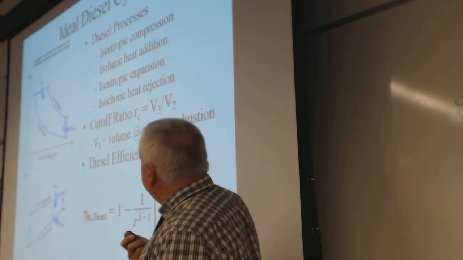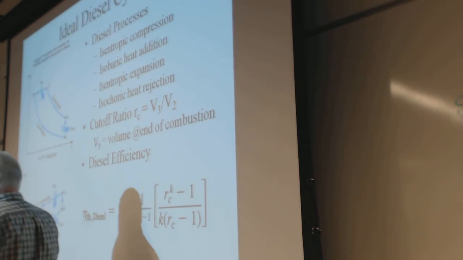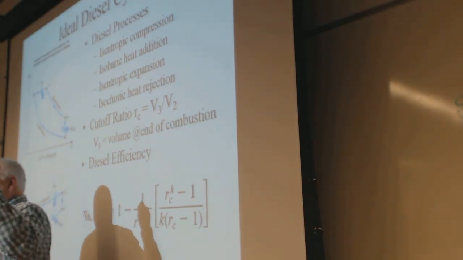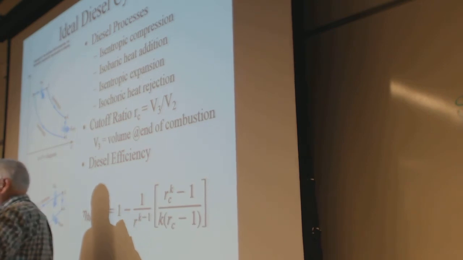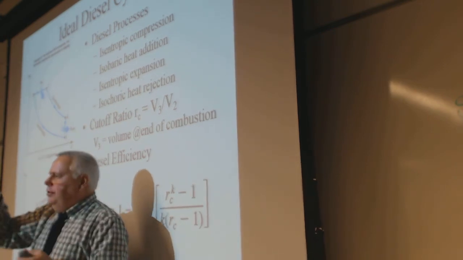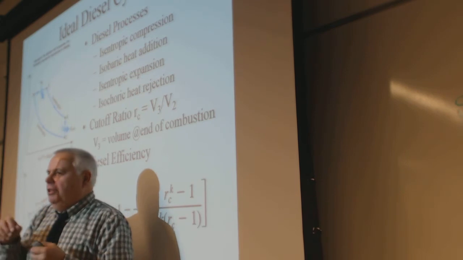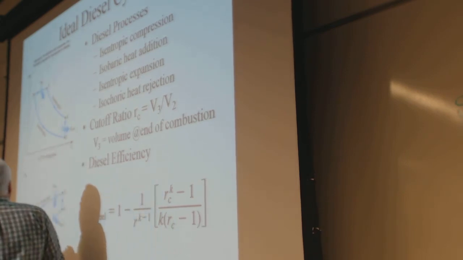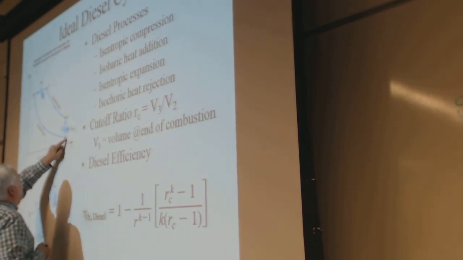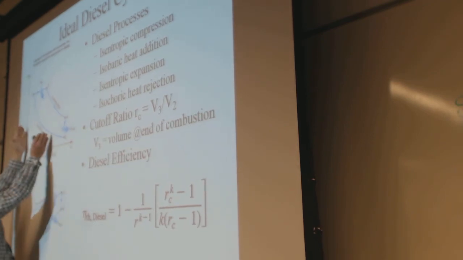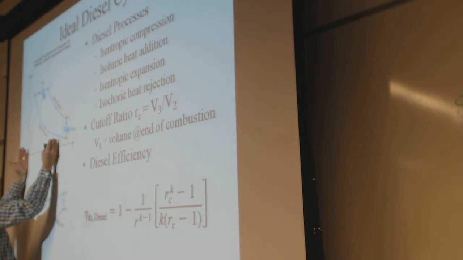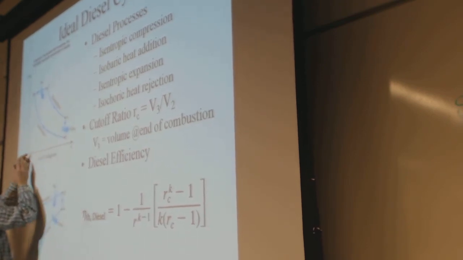Remember I said depending on how much power you want, you squirt more fuel to get more power. That has to do with the diesel cycle, which is the same isentropic compression, but instead of stopping at this point, it goes further, with more compression.